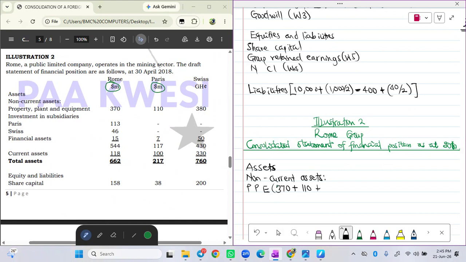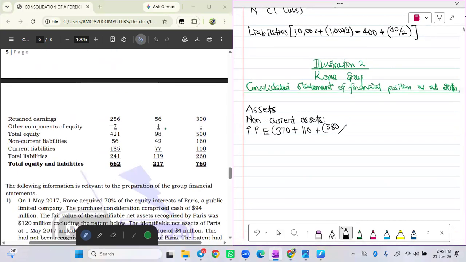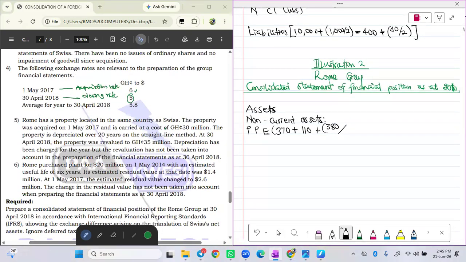But Swiss's own is in cedis, so we have to translate to dollars. From the lower currency to the higher currency, it will be 380 divided by the closing rate. As we determined in the additional information, the closing rate at 30th April is 5 cedis to $1.